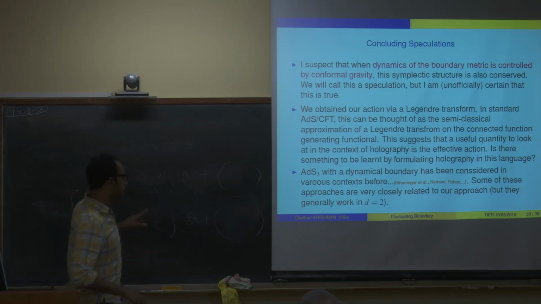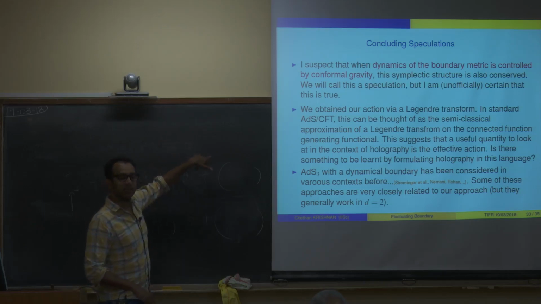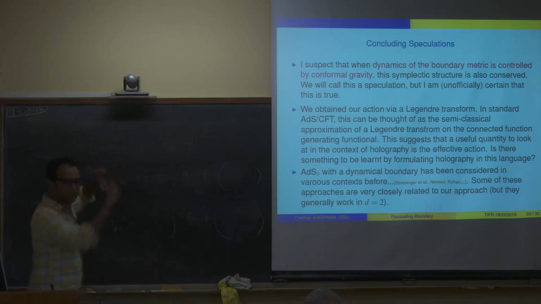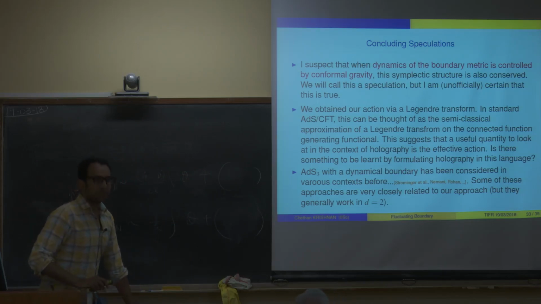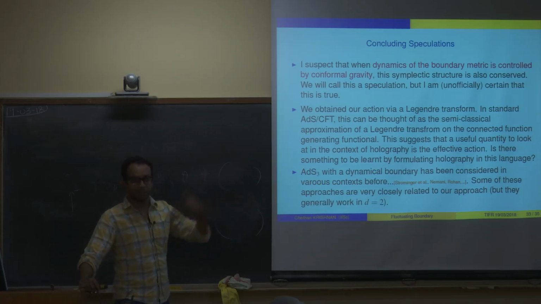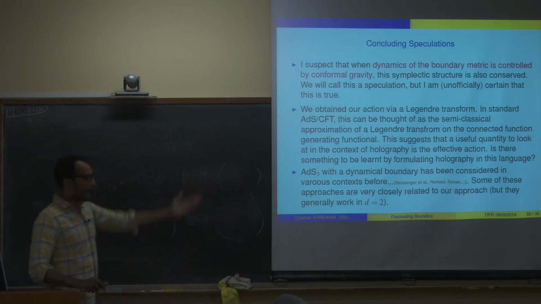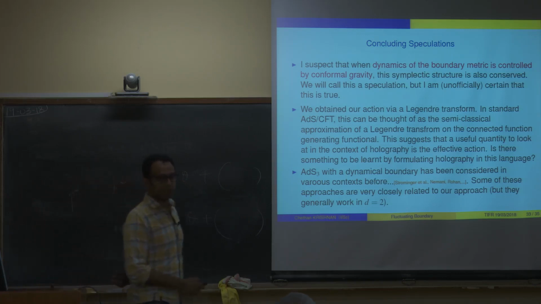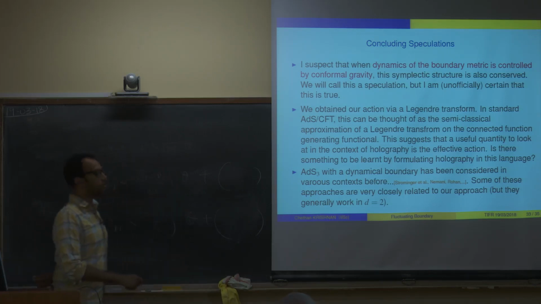No, it's just the R. It's the thing that shows up as the trace of T, now promoted to an action. If the boundary's dynamics is controlled by that term, then with minor modifications their calculations look like they will also go through.